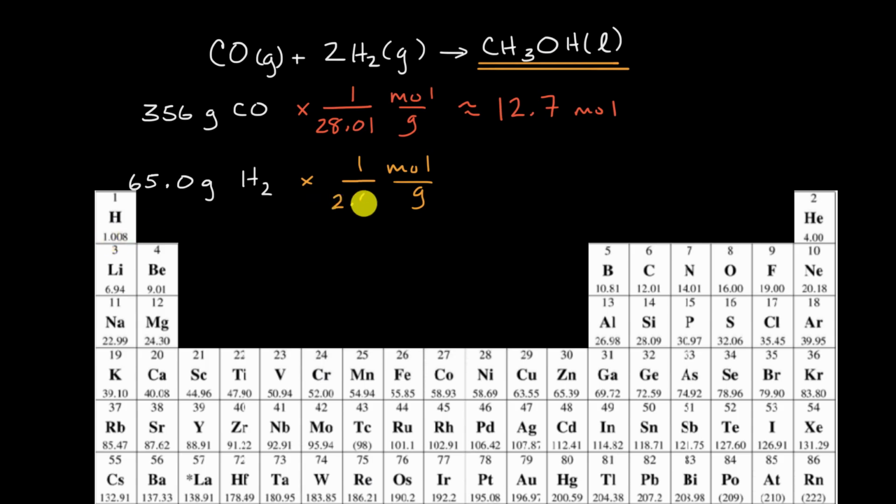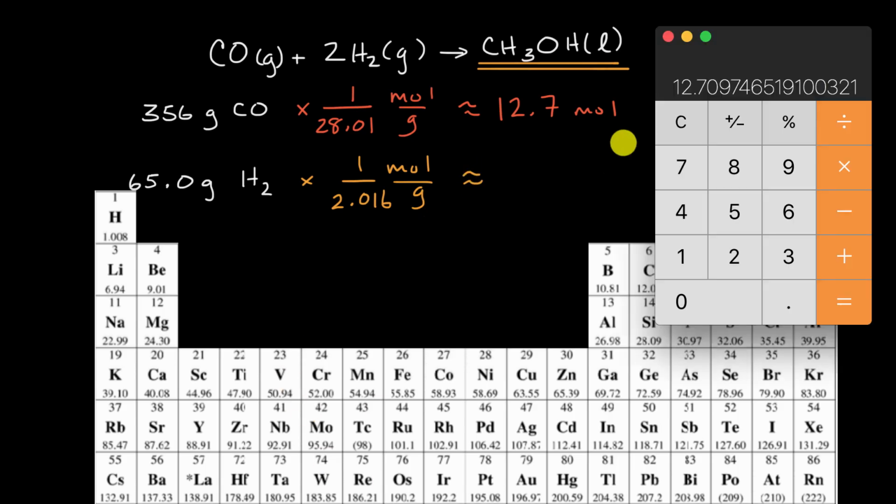So 2.016 grams per mole, or 1 mole for every 2.016 grams. And so this is going to be approximately equal to 65 divided by 2.016, and we have 3 significant figures, 4 significant figures. So if I round to 3, it's approximately 32.2 moles.